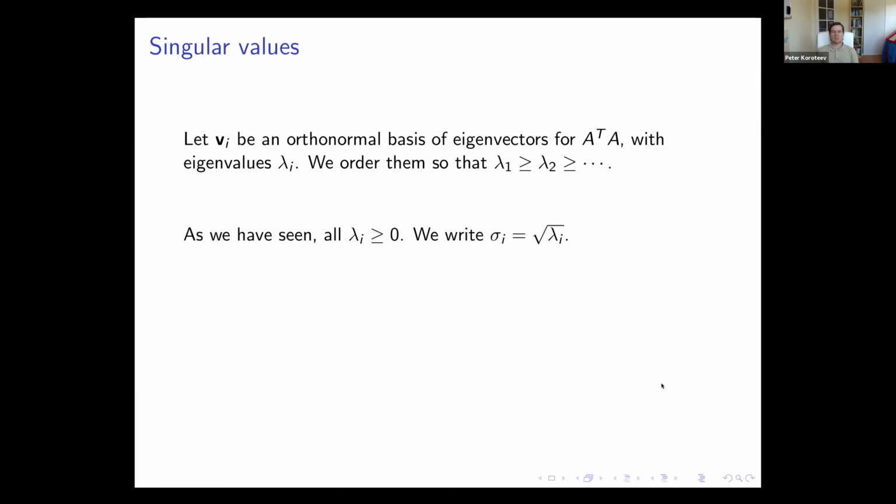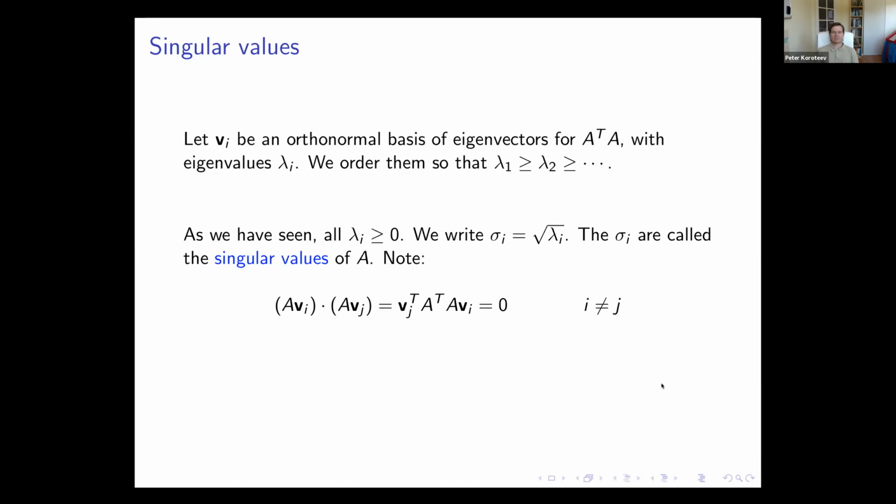Now let's denote sigma_i to be the square root of lambda_i. So these are called the singular values of A. Now, the dot product of AV_i with AV_j is equal to 0 when i is not equal to j, and if they're the same, then it's equal to lambda_i, or sigma_i squared.